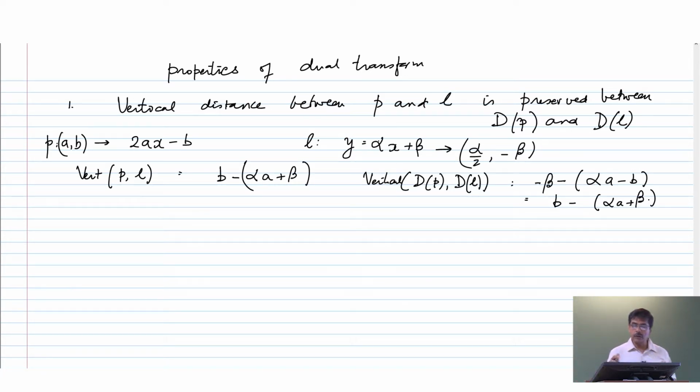So, I just substituted, now I am using this point, right. So, this point and this line. The distance between this point and this line is exactly the second expression. So, the vertical distance between the point and the line and the duals remain the same. Okay. And one consequence of that is the incidence property.